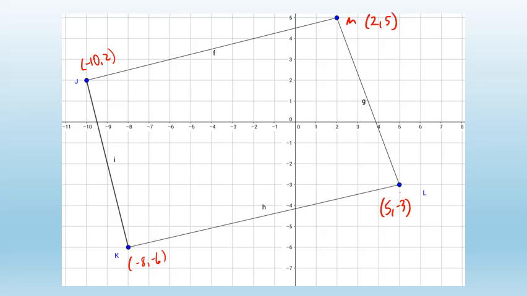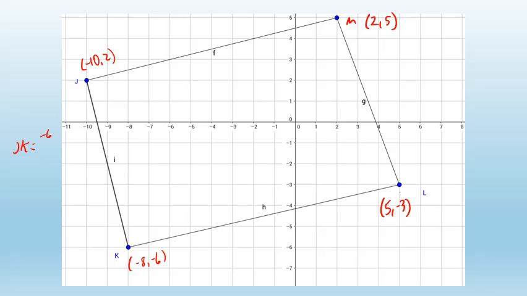Why don't we first begin over here with JK. We're using the slope formula, y2 minus y1 over x2 minus x1. So we're going to use K as our second coordinates and J as our first coordinates.